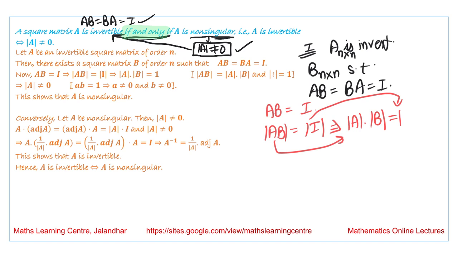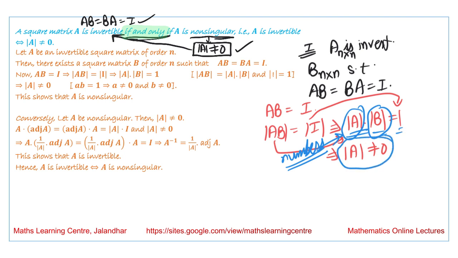So this implies that determinant of A cannot be equal to 0, because determinant of A and determinant of B are just numbers, and if the product of two numbers is equal to 1, then none of them can be equal to 0. So determinant of A cannot be equal to 0. This shows that A is non-singular.